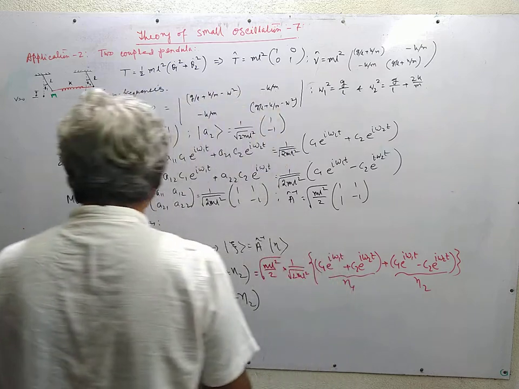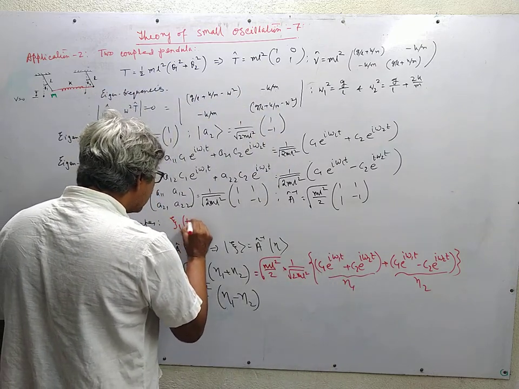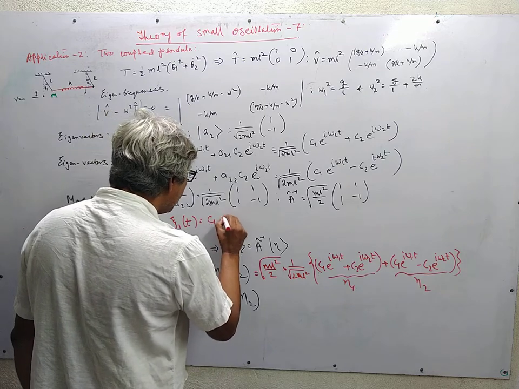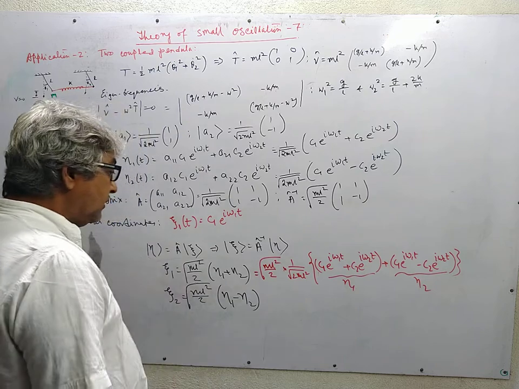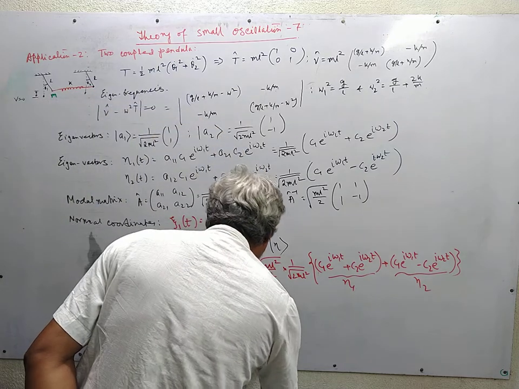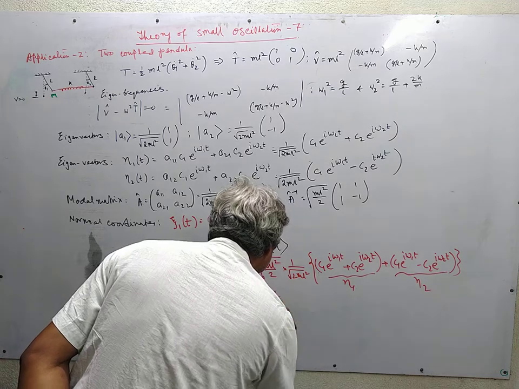So we get xi 1 as a function of t equal to c1 e to the power i omega 1 t. Similarly, if we write for xi 2, this part is simply half as in this case.